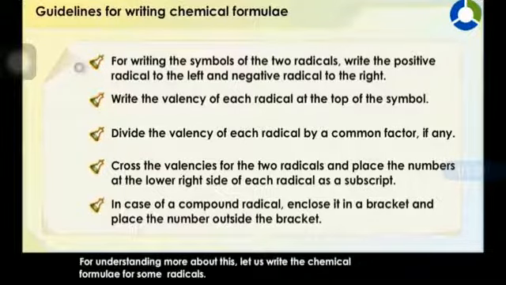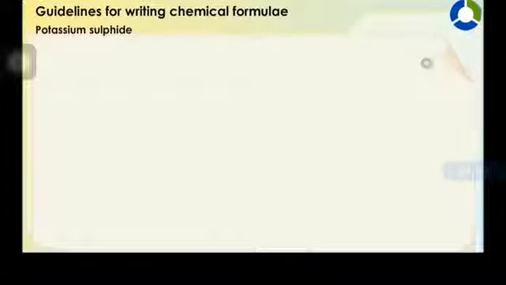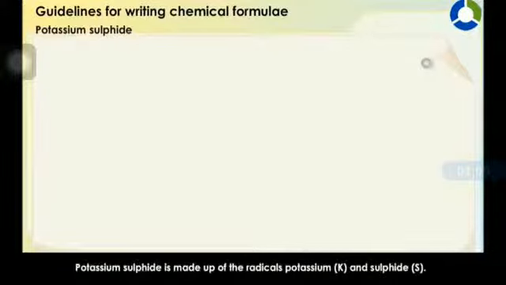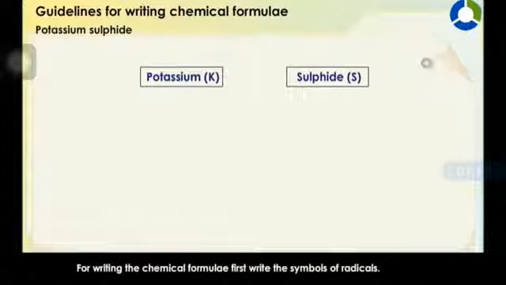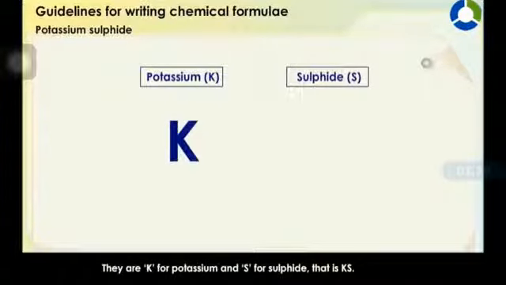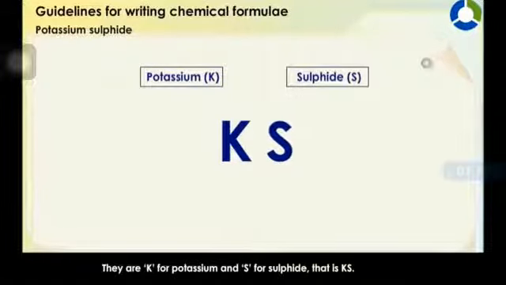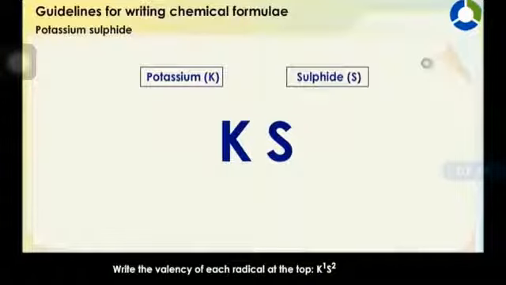For understanding more about this, let us write the chemical formulae for some radicals. Potassium sulfide. Potassium sulfide is made up of the radicals potassium K and sulfide S. For writing the chemical formulae, first write the symbols of radicals. They are K for potassium and S for sulfide, that is KS. Write the valency of each radical at the top.